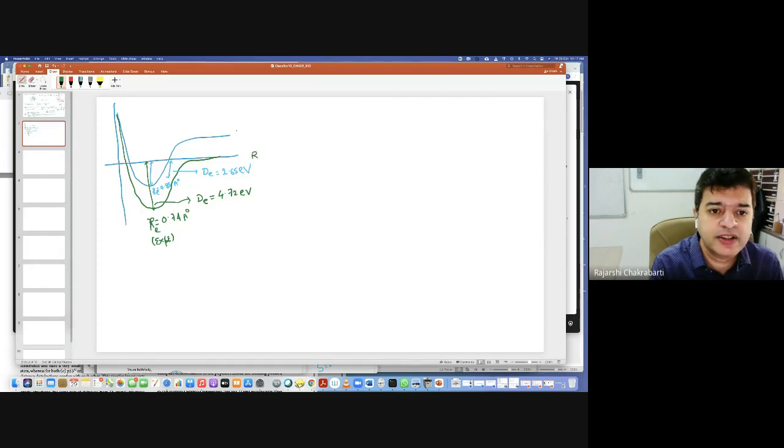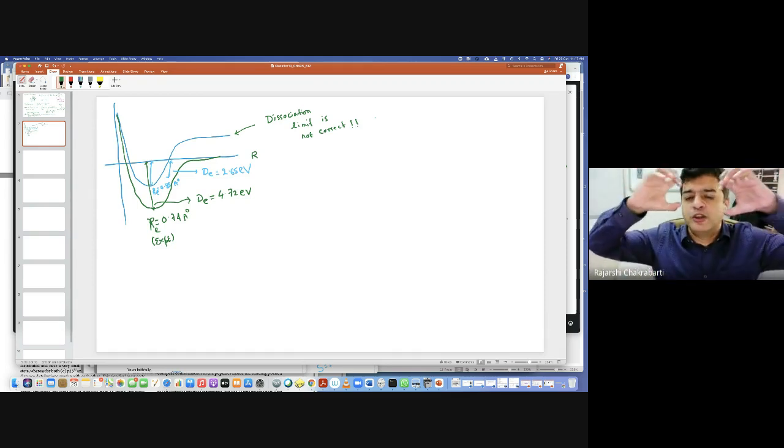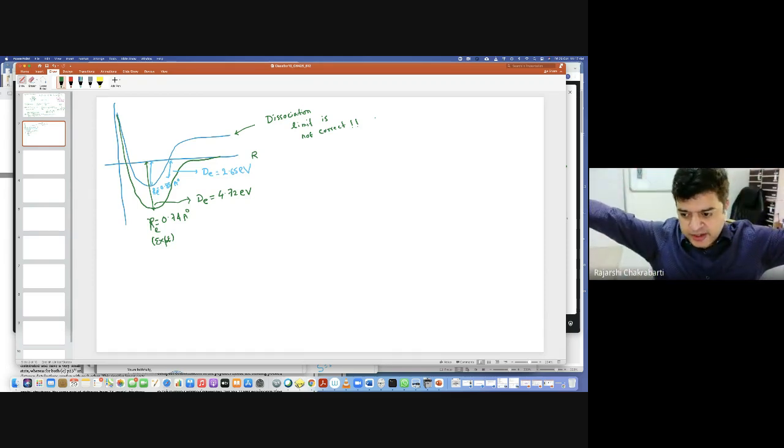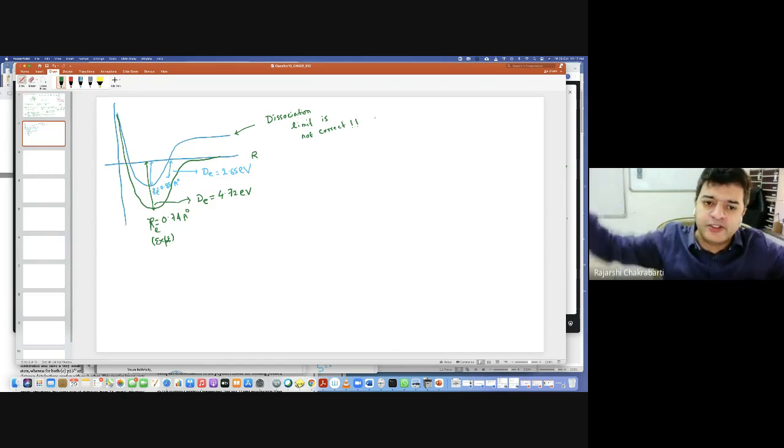One more thing, this is called the dissociation limit. Because if I take a hydrogen molecule, if I stretch it, and if I go further, you should get one H atom, another H atom. And by definition, this energy is zero.